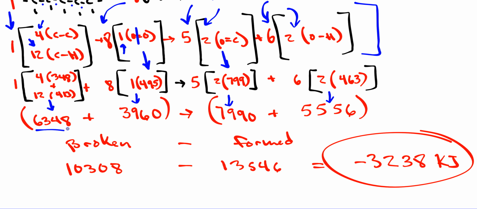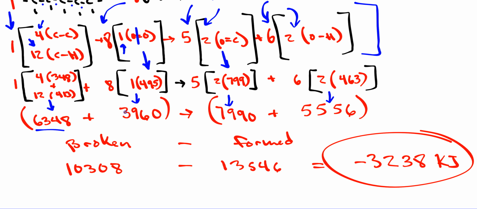So the C5H12, when it all breaks apart, it's 6348. When 8 oxygens break up, you get 3960. When 5 carbon dioxides are formed, you get 7990. When 6 water are formed, you get 5556.